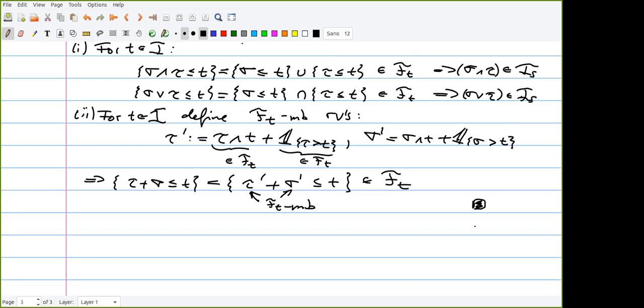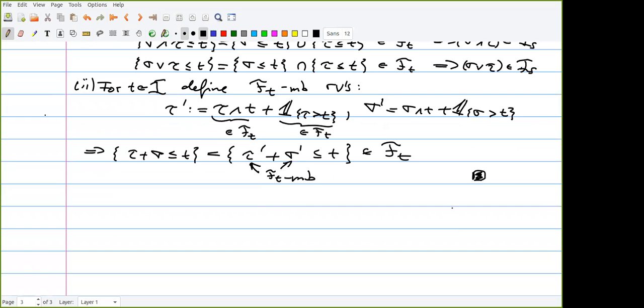But as we have seen already in the example before, not all operations are allowed or will lead to new stopping times, right?